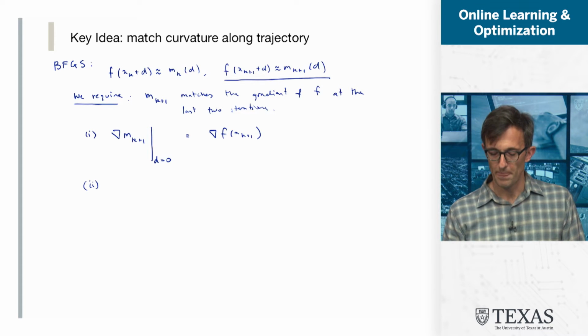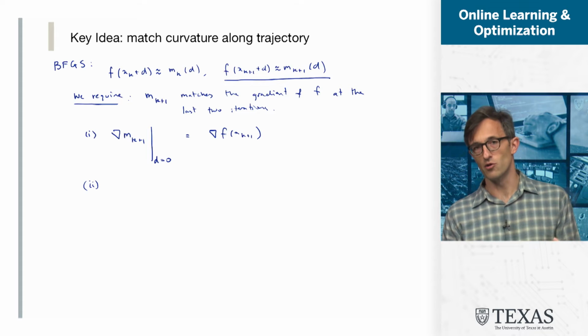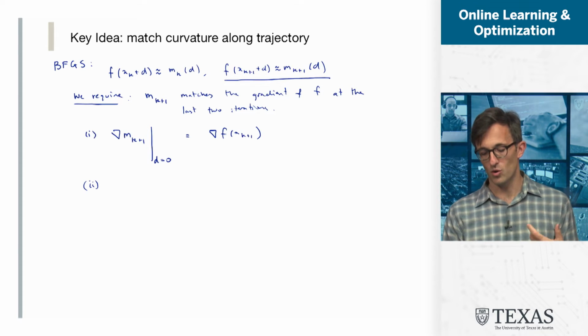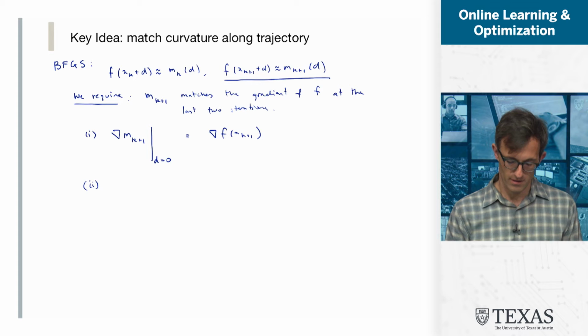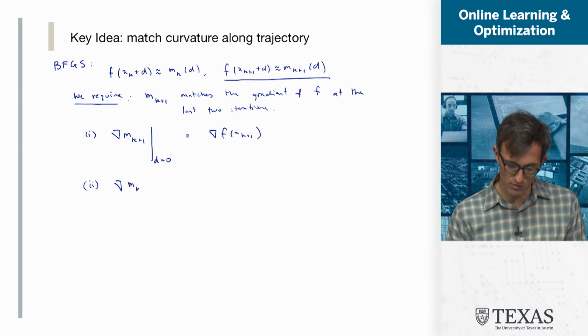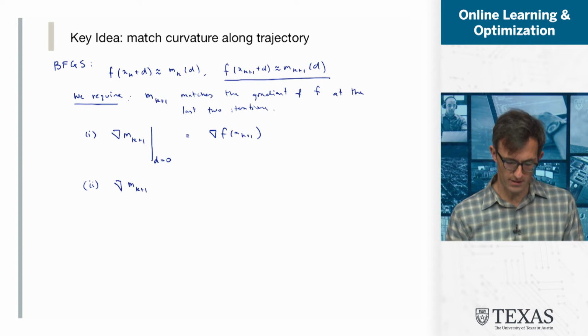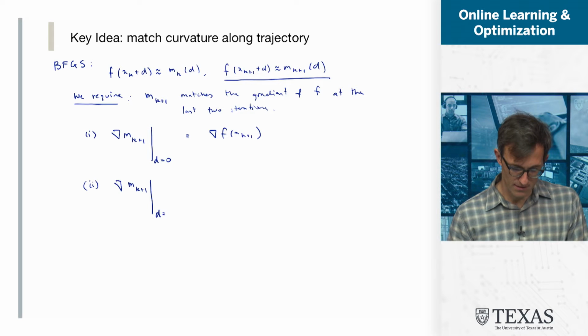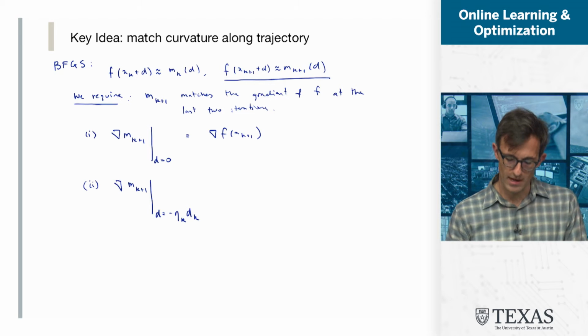mk+1 evaluated at 0 is like evaluating f at xk+1. How do I evaluate mk+1 effectively at xk? Well, I use exactly what my update is. I'm going to evaluate this at minus eta k dk, and I'm going to require that this is equal to the gradient of f at xk.